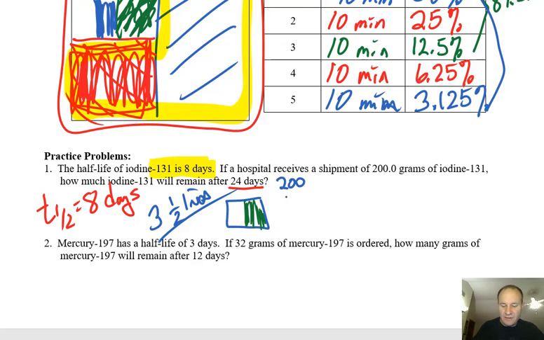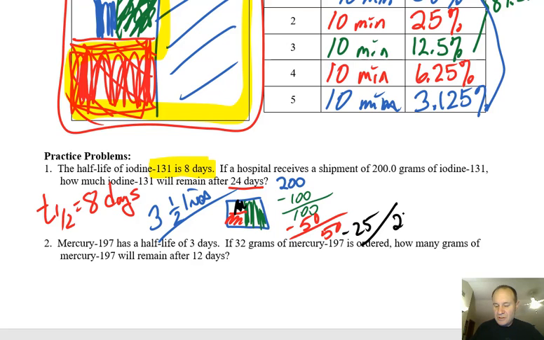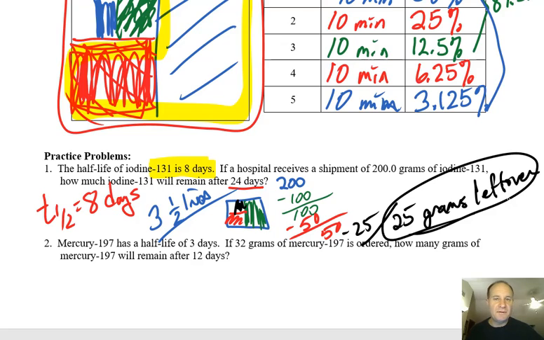after the first half-life, I have lost 100, so now I'm down to 100. After the second half-life, I've lost another 50, so I have 50 remaining. And after the third half-life, I've lost 25, and that leaves me with 25 grams left over. Final answer there.